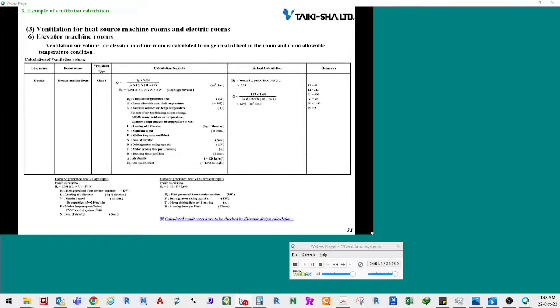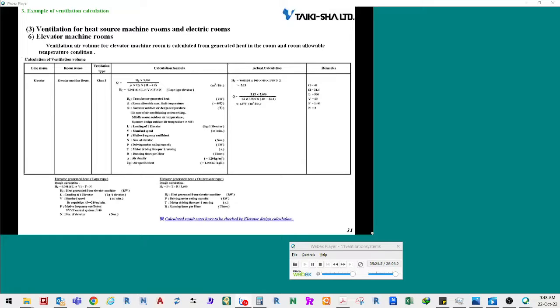Elevator machine rooms. To determine the ventilation air quantity for elevator machine rooms, calculate the calorific value in the machine room and set the ventilation air quantity to maintain the allowable maximum temperature. On the slide, a calculation example for a rooftop elevator is shown.